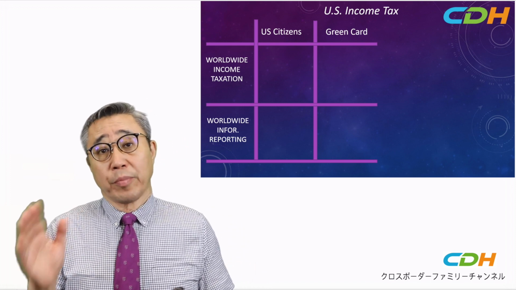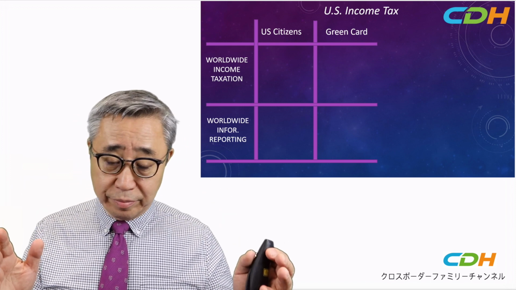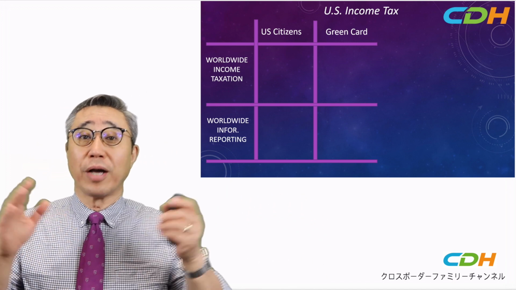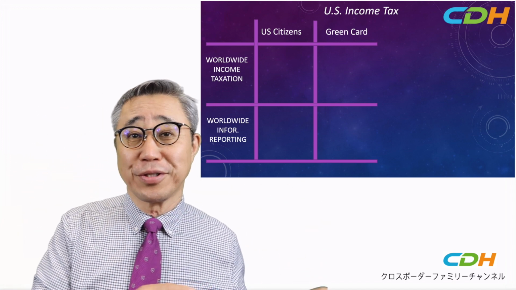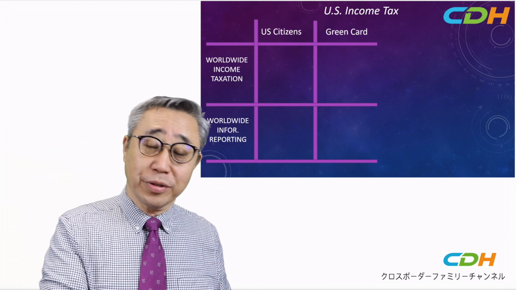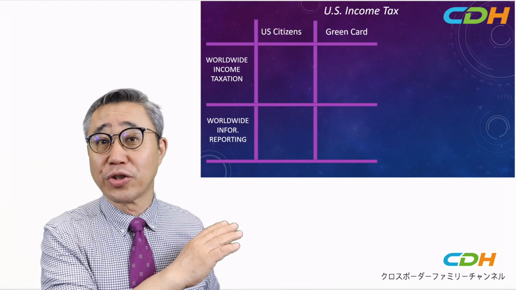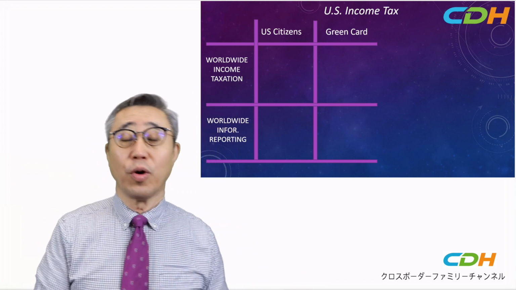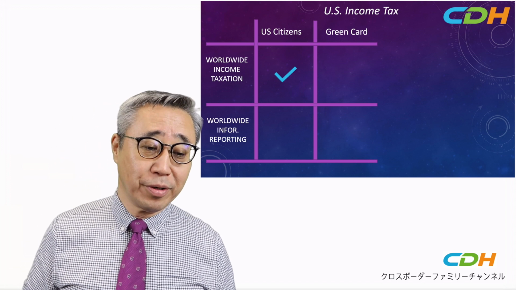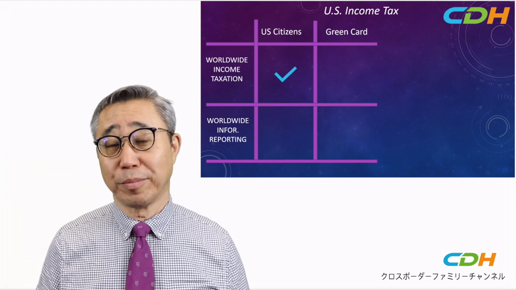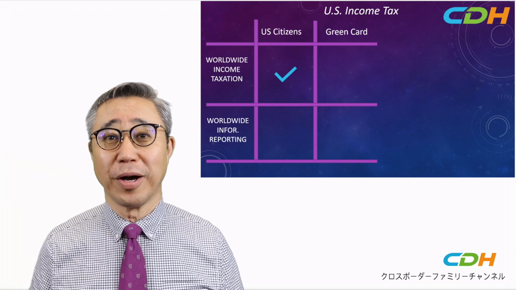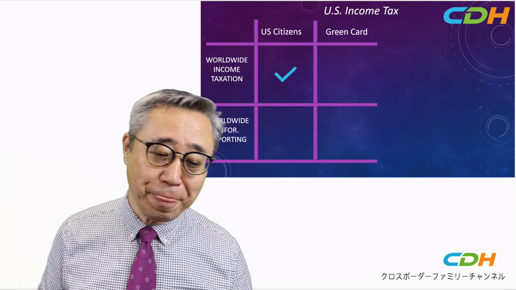First, I'm going to talk about income tax. Here is the diagram. I'm trying to compare citizens and green card holders, worldwide income taxation and worldwide information reporting. So if you are US citizens, you must report worldwide income. This should not be a surprise to cross-border professionals, right?